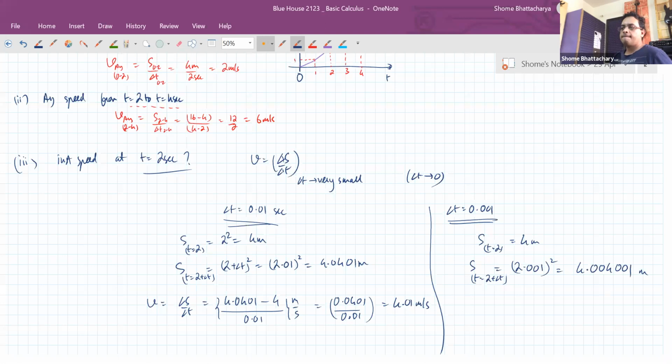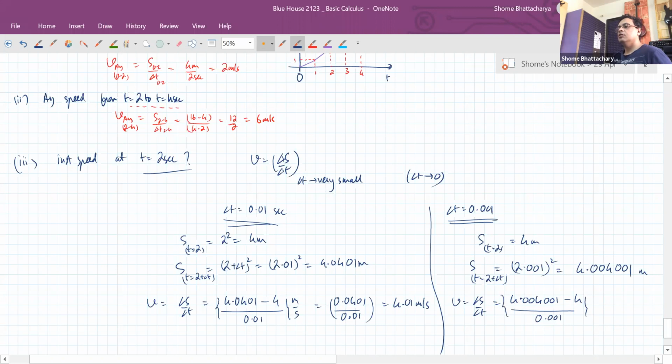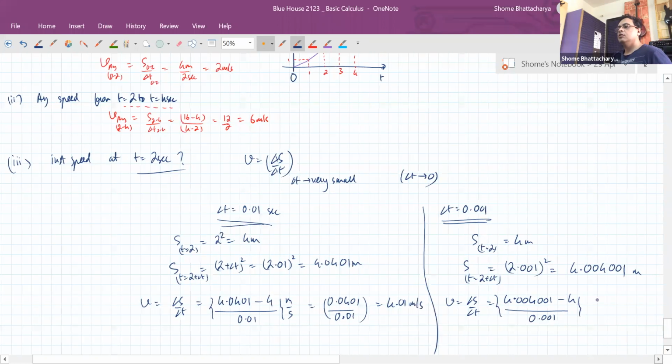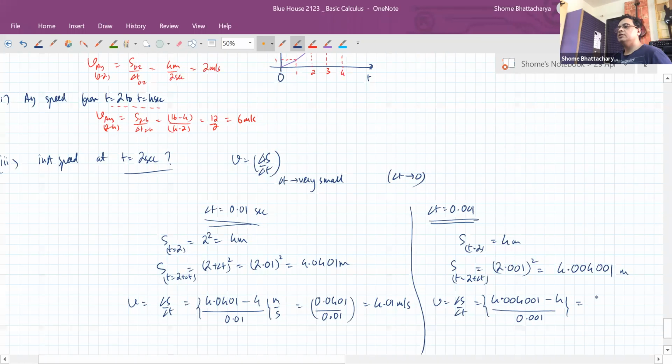Yes, sir. So this time we'll get V as 4.004001 minus 4 divided by 0.001. So you'll get 0.004001 divided by 0.001. So this time it will become 4.001 meters per second.